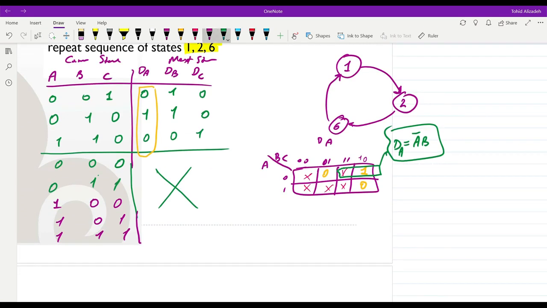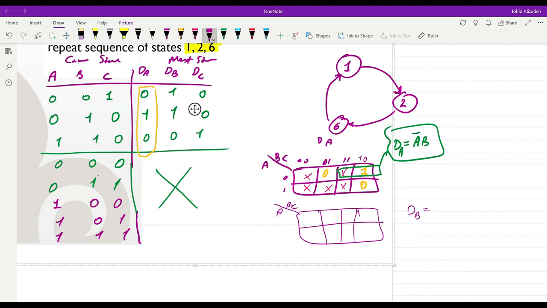I can do the same thing for finding the expression for DB. For DB we have 0, 0, 1 resulting in 1. 0, 1, 0 will give us 1.